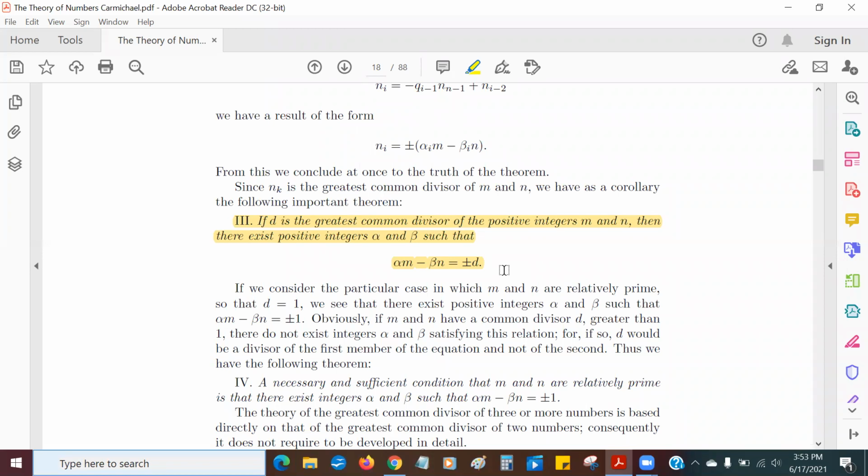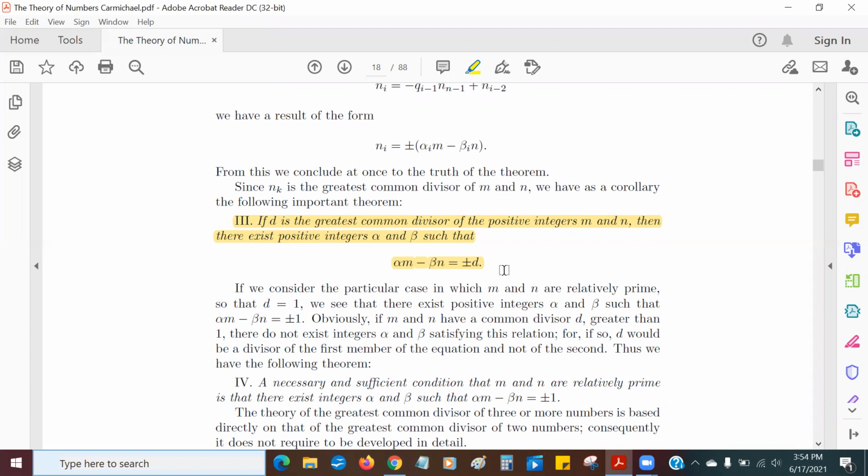So what I'm going to do now for the rest of this lecture is to show you how to use the Euclidean algorithm, not only to find the greatest common divisor, which we did already, but to express that greatest common divisor as a linear combination of the two original numbers.